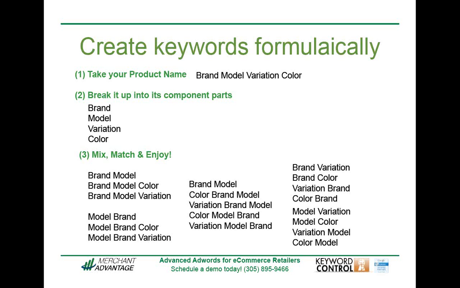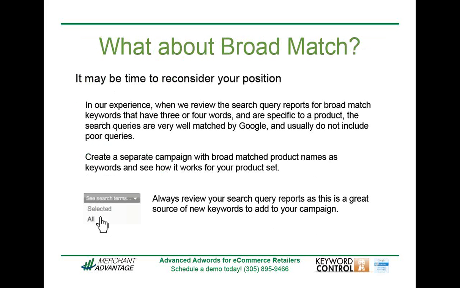This might seem like spreadsheet hell, just a ton of work. This is something that is completely accessible, and our tool with Merchant Advantage actually does an amazing job at helping you create these great product-specific keywords.